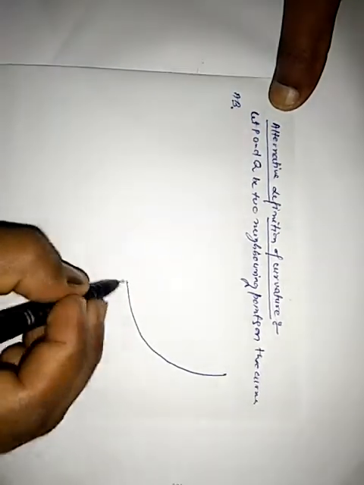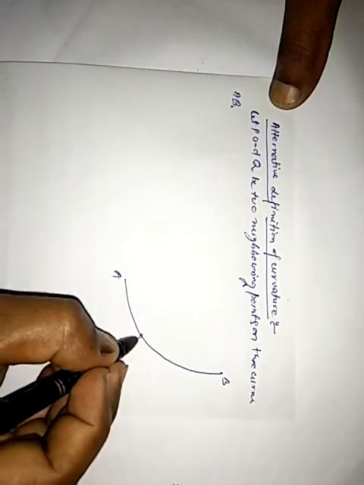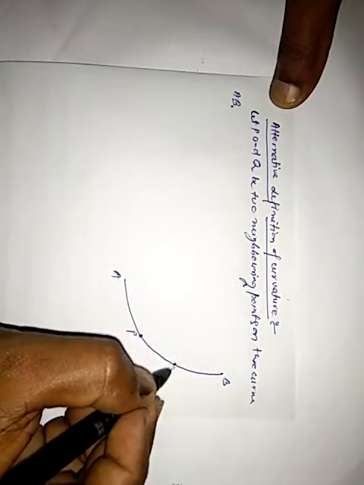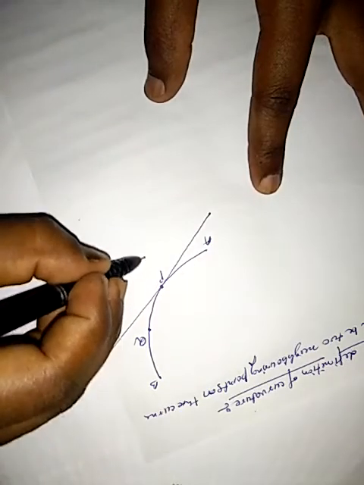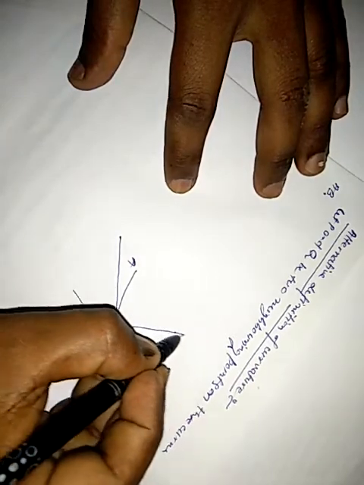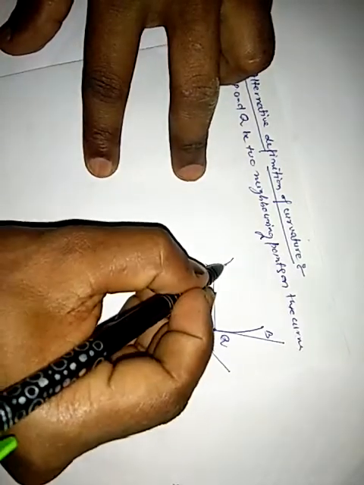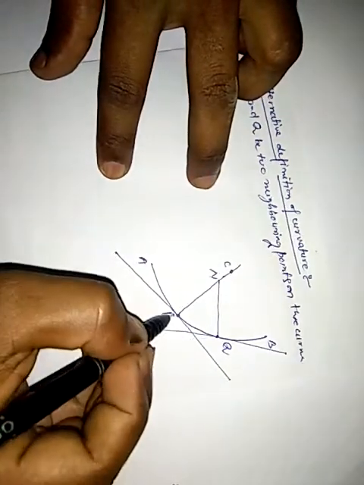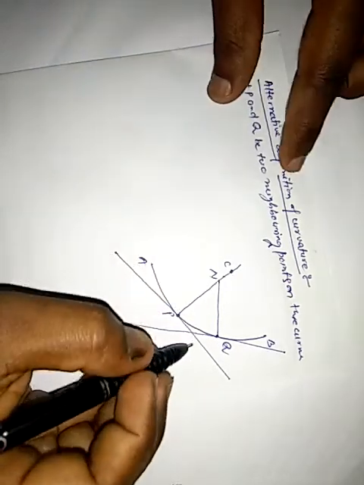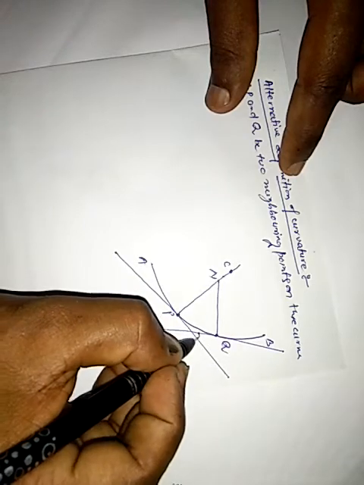This is a curve AB and P and Q are two points. Let there be a tangent at P and a tangent at Q. There will be a normal here and a normal here, intersecting at N, and this is point C. When Q tends to P, then N tends to C. Let this angle be delta psi.